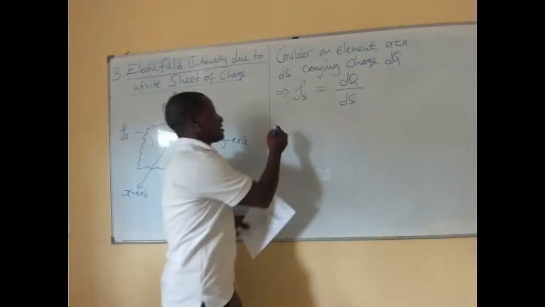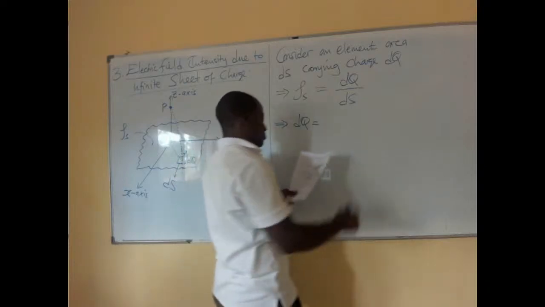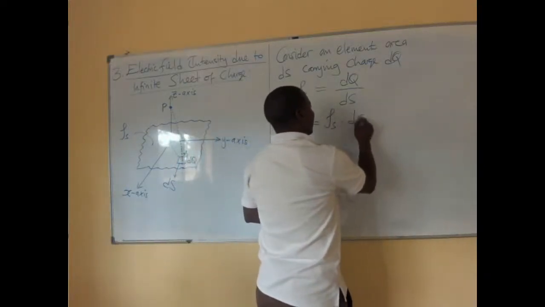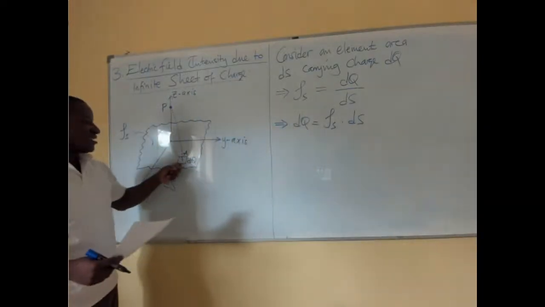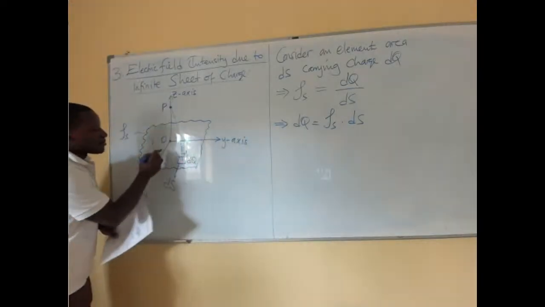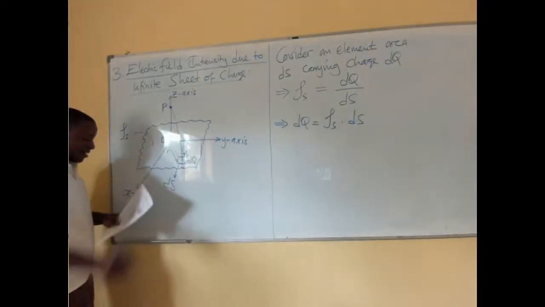The implication here is that dq must be equal to the surface density multiplied by ds. Of course, this ds here, we can easily write it up as, remember, from this to where that ds is, this is r.